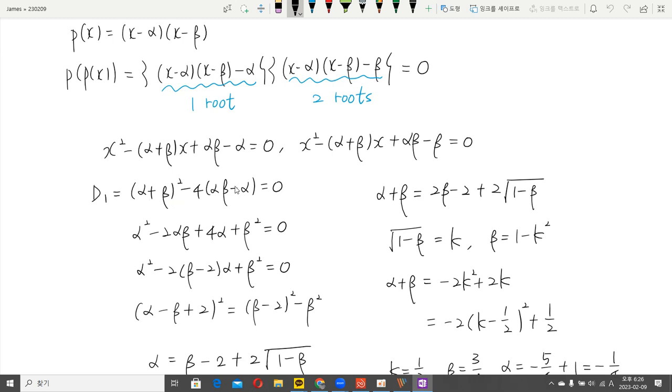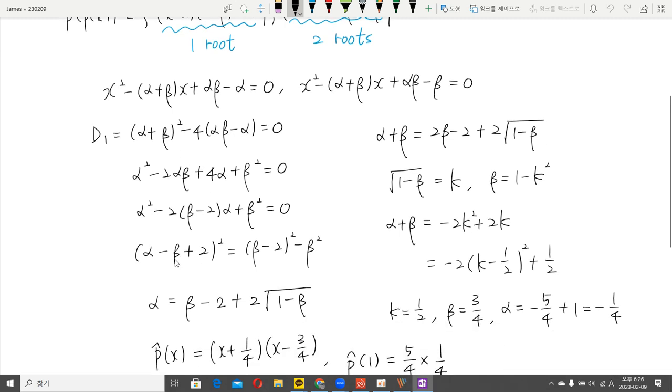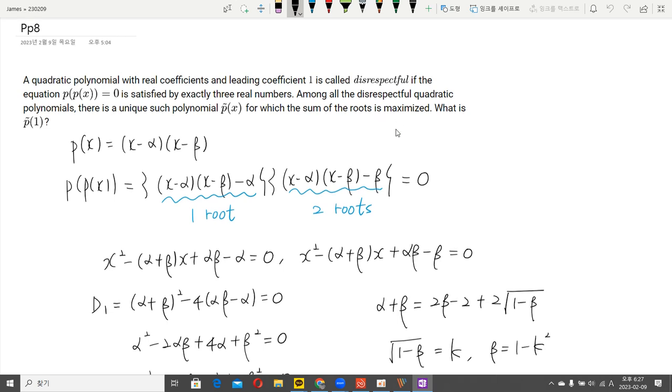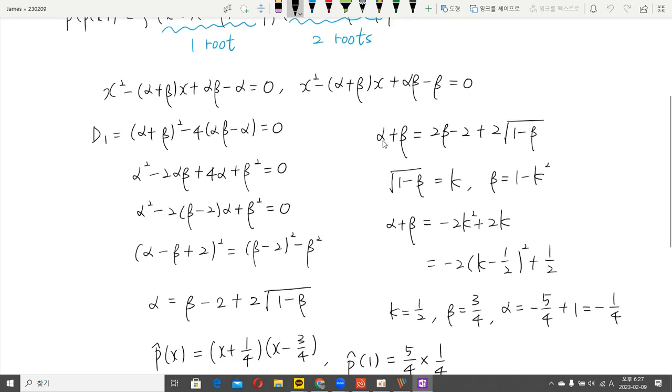So when we solve this equation in terms of alpha, alpha is equal to this expression with beta, and we want to maximize the sum of the roots. The sum of the roots in this case is alpha plus beta, and if we change alpha to the expression for beta, we get this expression, and we substitute k for the square root of 1 minus beta, and it becomes a quadratic expression for k.